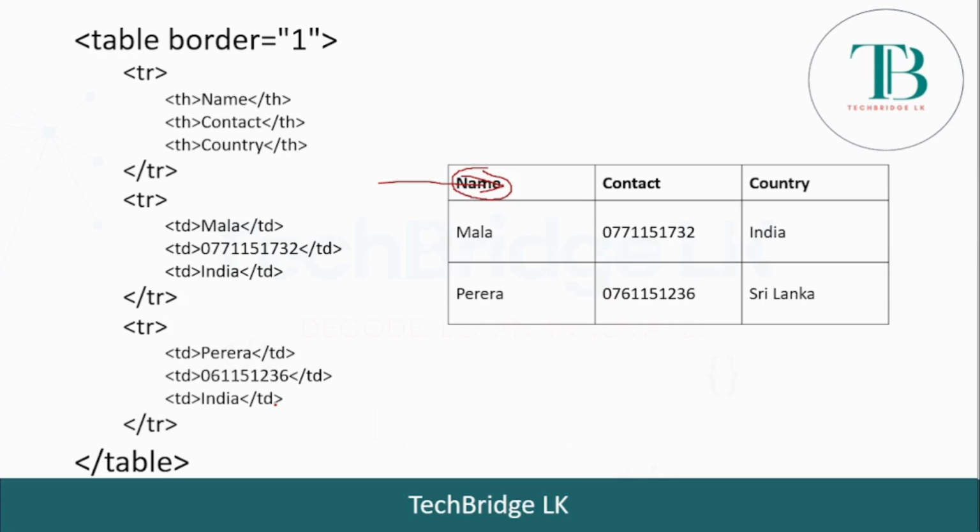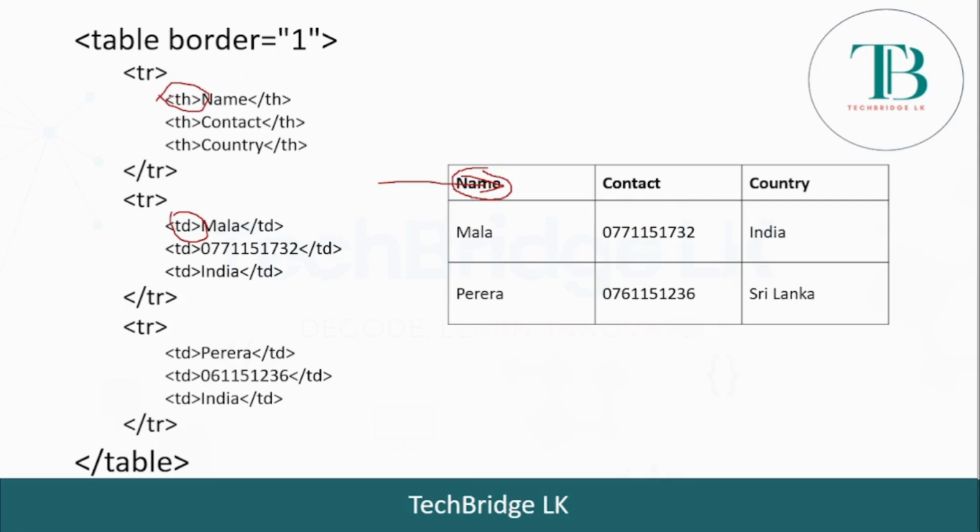In here you can see the difference between this and this. Here we use td, which means table data. In here th means table heading. So here you can see the name, contact and country are visualized as bold text. The bold text means it's a heading, a table heading.